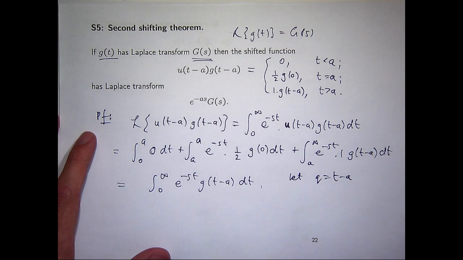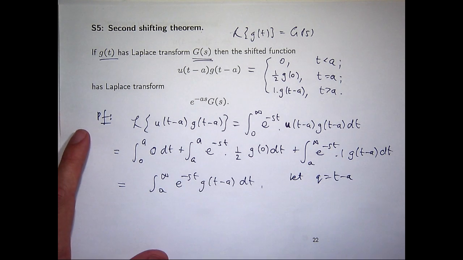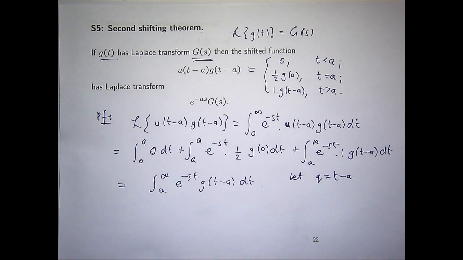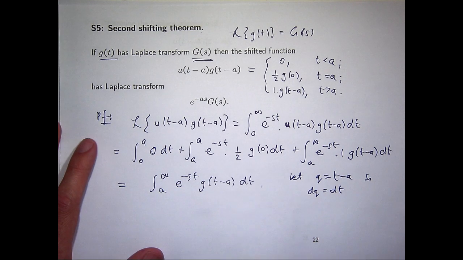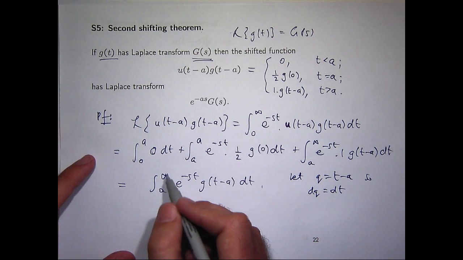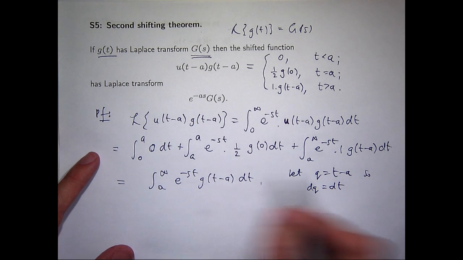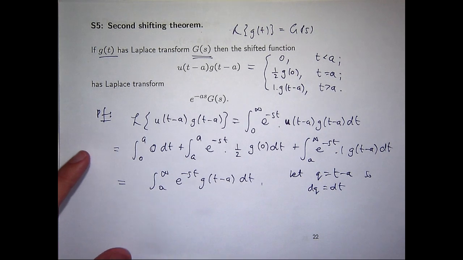So we integrate from a to infinity. If we replace this t minus a variable with q, well, dq is just dt. And working with the limits of integration, when t equals a, q is going to be 0, and as t approaches infinity, so does q.